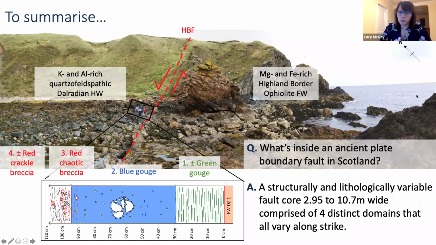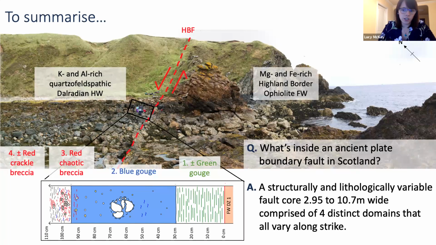So just to summarise so far, I've started with the question, what's inside a plate boundary fault? And as I've just discussed, the answer is a structurally and lithologically variable fault core that ranges from 3 meters to 10.7 meters and is comprised of these 4 distinct units that all vary in thickness.